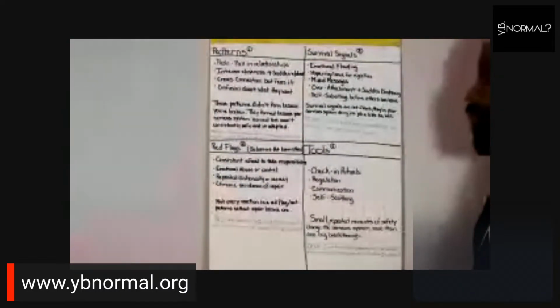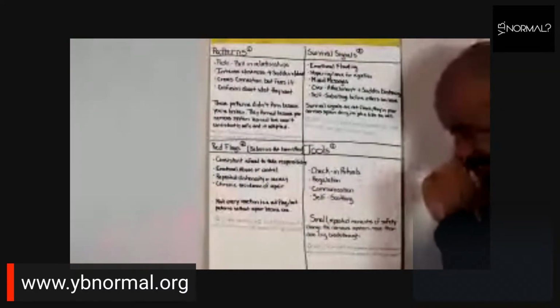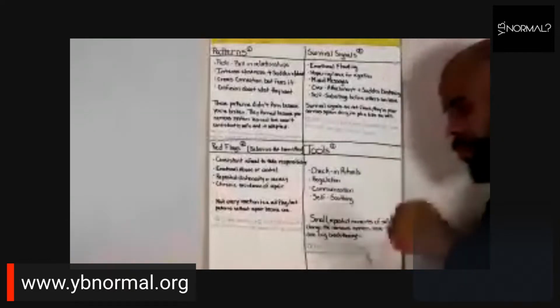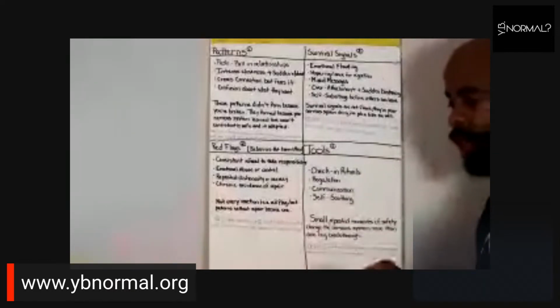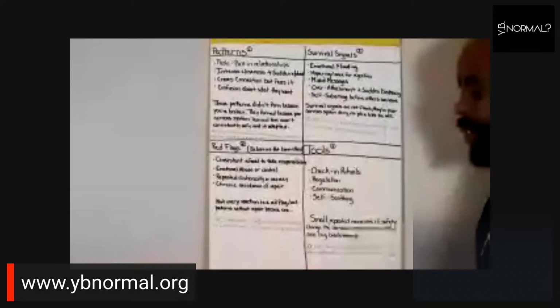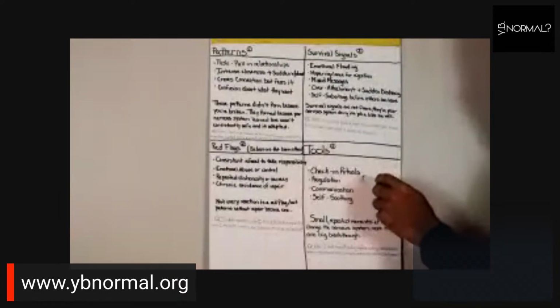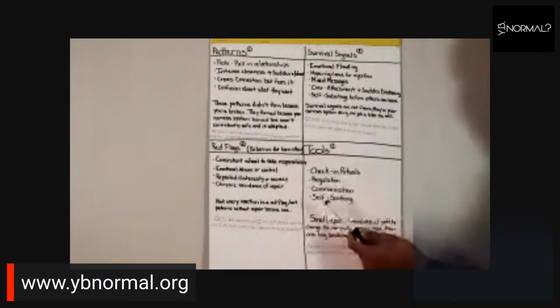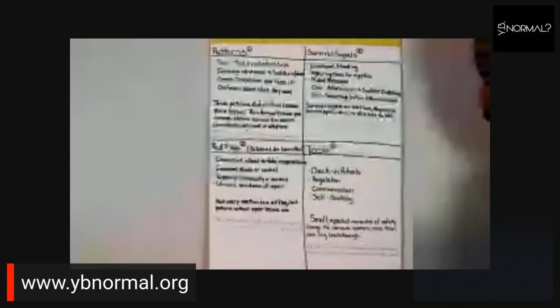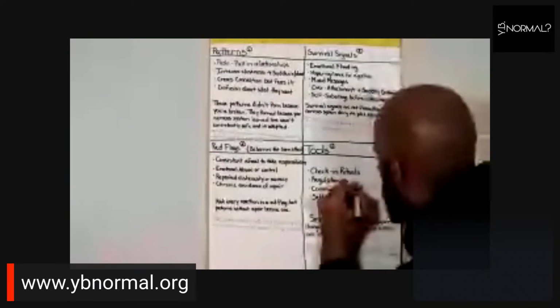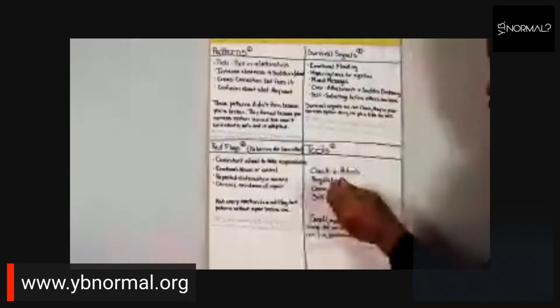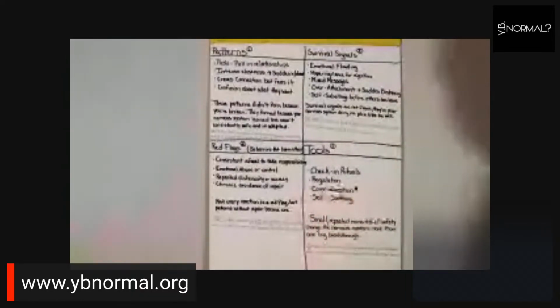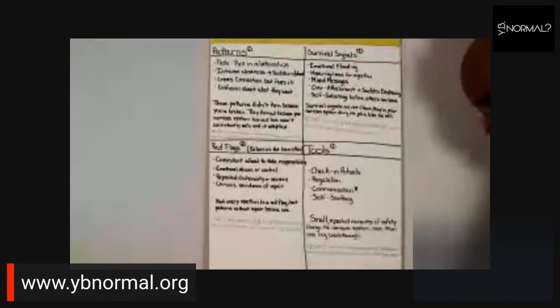Some tools for how to create a safe space for yourself, or how that person can create a safe space for you, are rituals, regulation, and communication. That's going to be a big one. Let's start with that. I'll give you all some tools for communication and self.